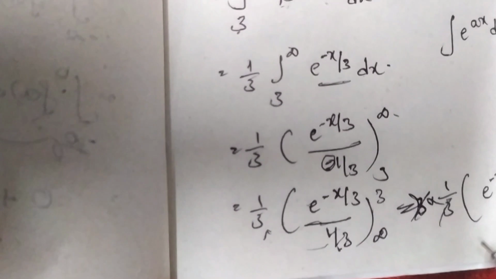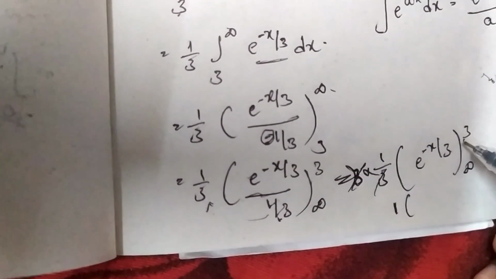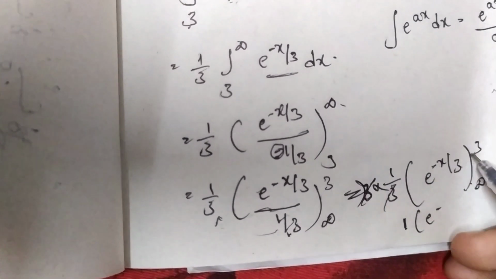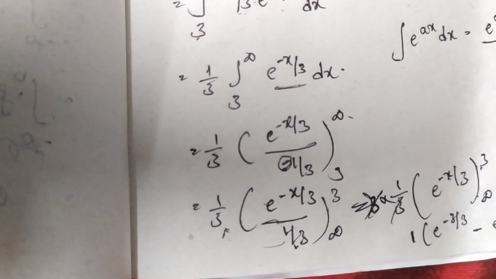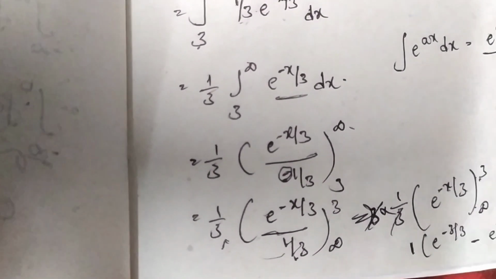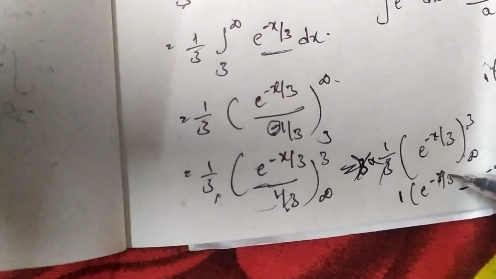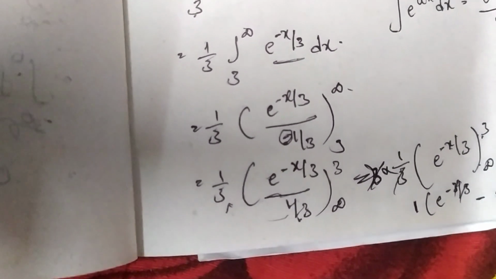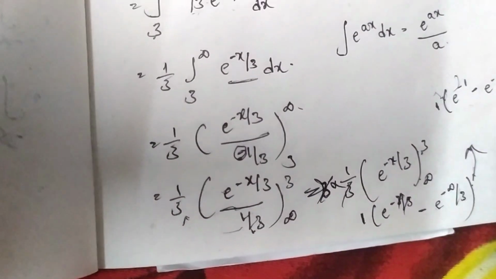Here the 3s cancel, we get 1, and substituting the upper and lower limits we get e power minus 3 by 3 minus e power minus infinity by 3, which gives e power minus 1 minus e power minus infinity.